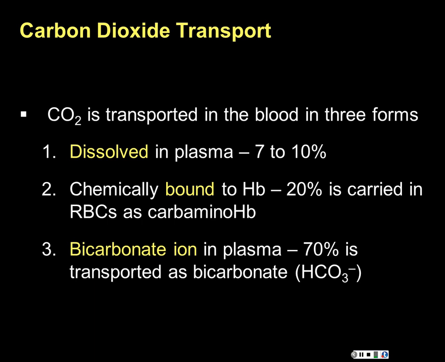So carbon dioxide can undergo this transformation in either of those locations. In the plasma, if bicarbonate ion is formed, it occurs in what fashion? What term did we use? What was the difference in the location? Plasma versus red blood cell. Worksheet 11.